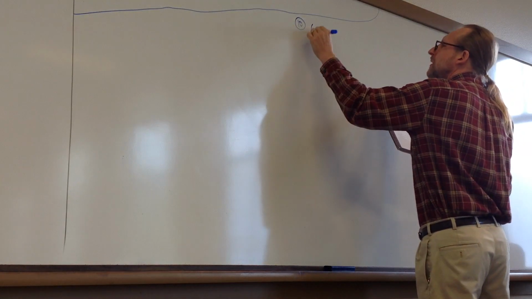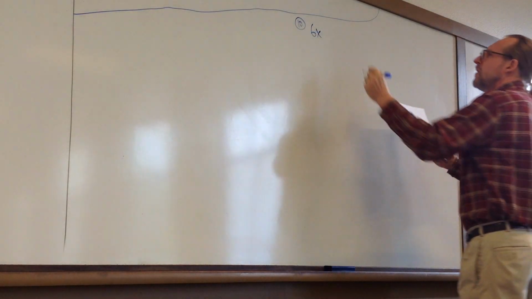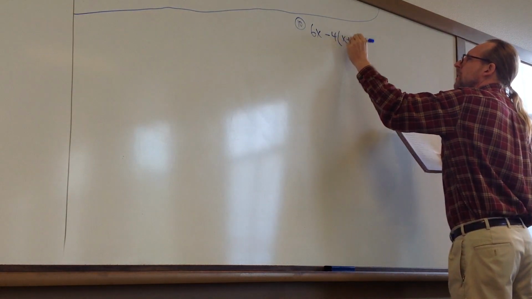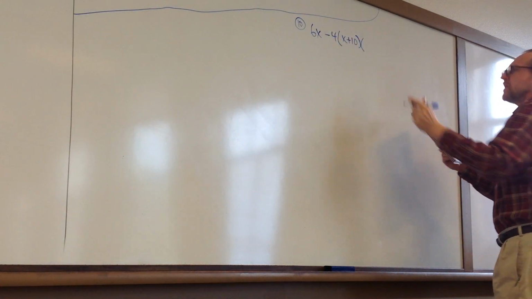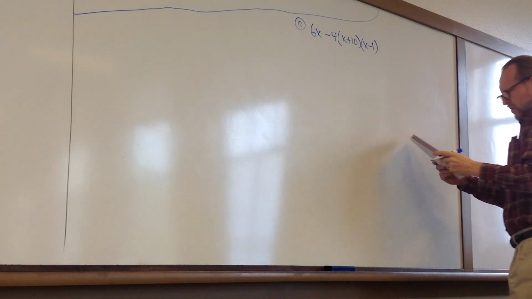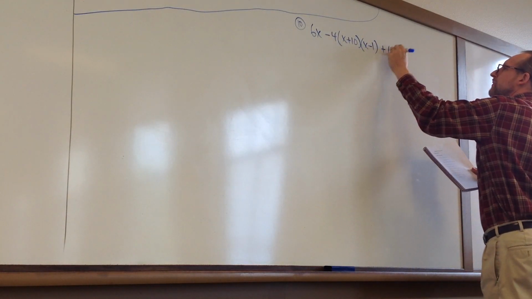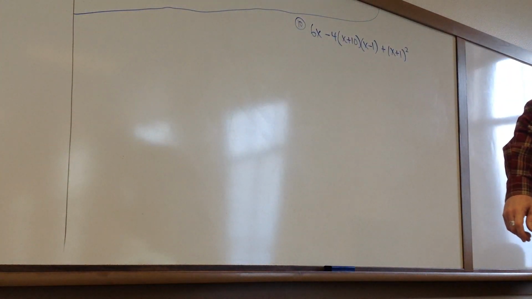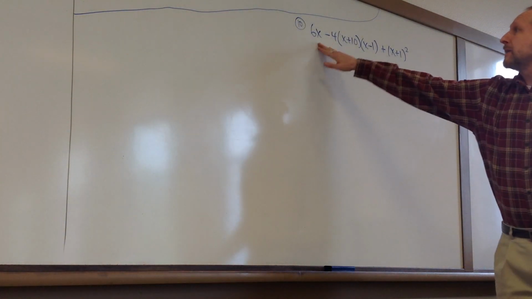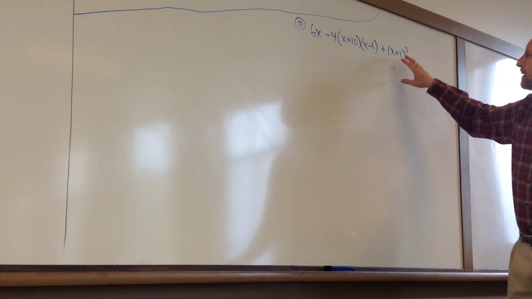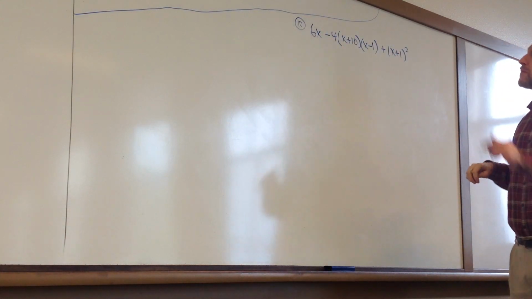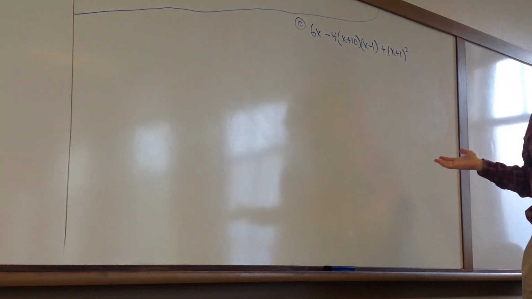So in problem 10, we have 6x minus 4 times (x + 10)(x - 1), and then plus (x + 1) all squared. So again, like I said, this is similar to problem 4. We've got 3 pieces, this one, and this one. Okay? Now it doesn't matter where we start.